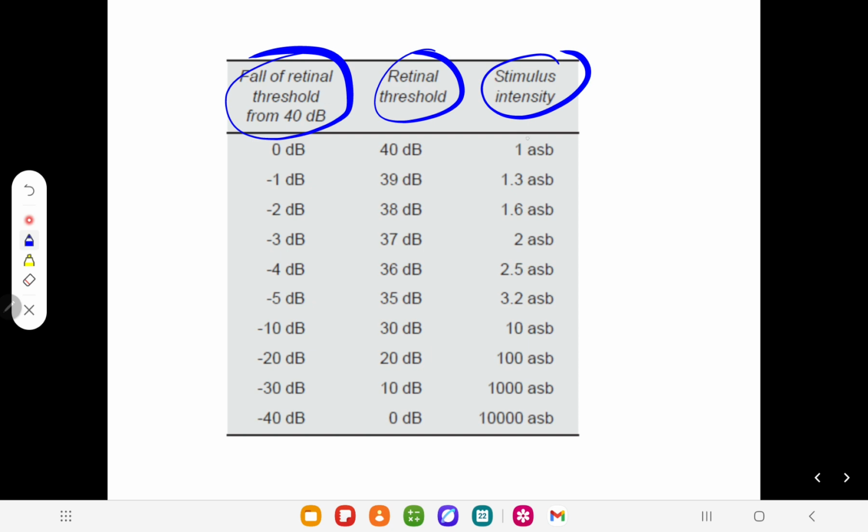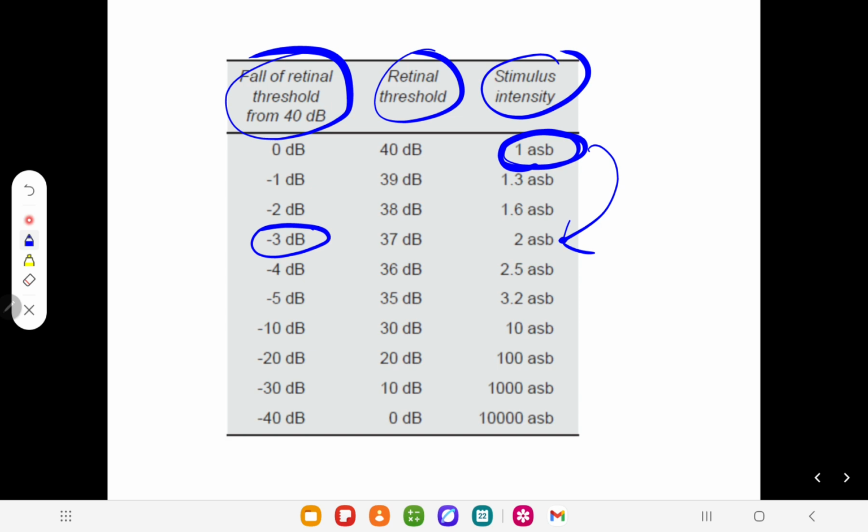See, if you move from 1 apostilb to 2 apostilb, it means you double it. Then how much decibel is reduced? 3 decibel is reduced, isn't it?